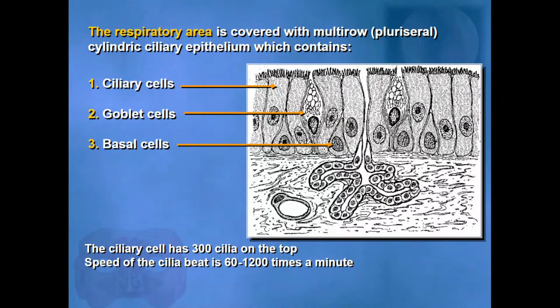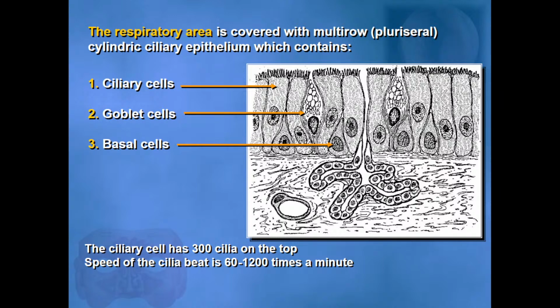Also, as you remember from histology, the respiratory area of the nasal cavity is covered with multi-row cylindric ciliary epithelium that consists of three main types of cells, or another name, pseudostratified epithelium.